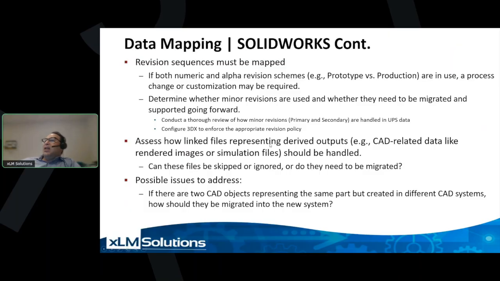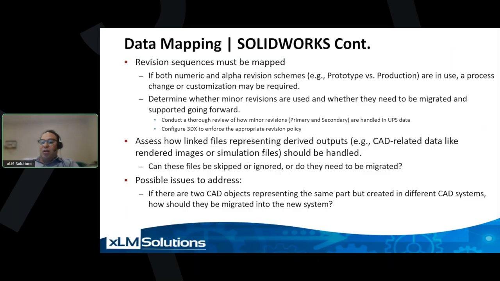Assess how linked files represent derived output. So if you have all your SOLIDWORKS data to be migrated, but you also have what I consider derived outputs, i.e. a PDF of the drawing or a STEP file of the model, you need to see how those are handled. And the migration will not create those derived outputs automatically.